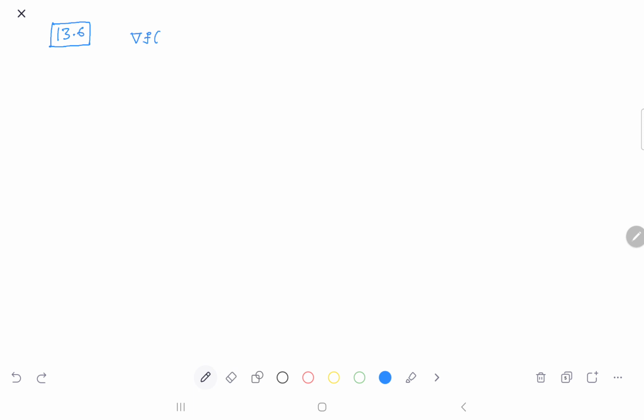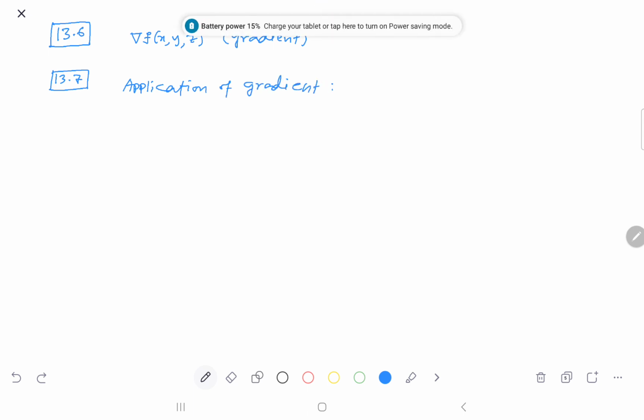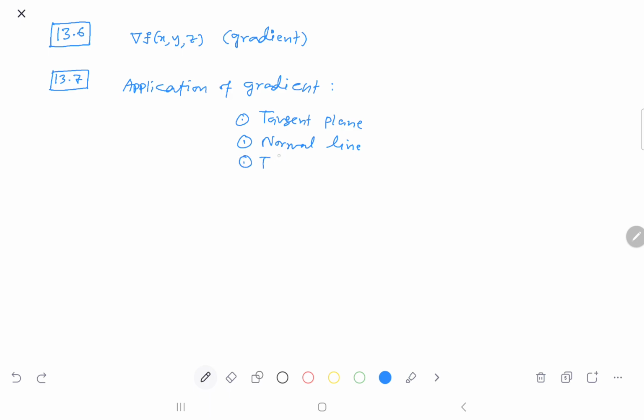And in 13.7 we are looking at the application of the gradient: the tangent plane, the normal line, the tangent line of intersection of two surfaces, and the inclination angle. These four fundamental concepts we have done by using the gradient.